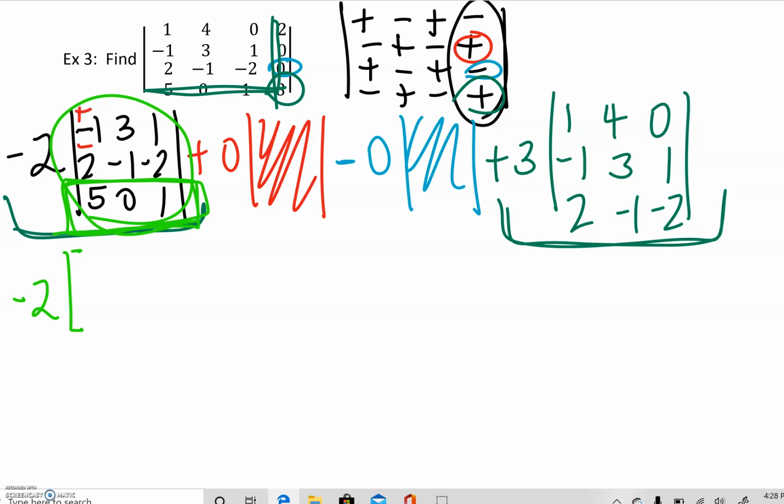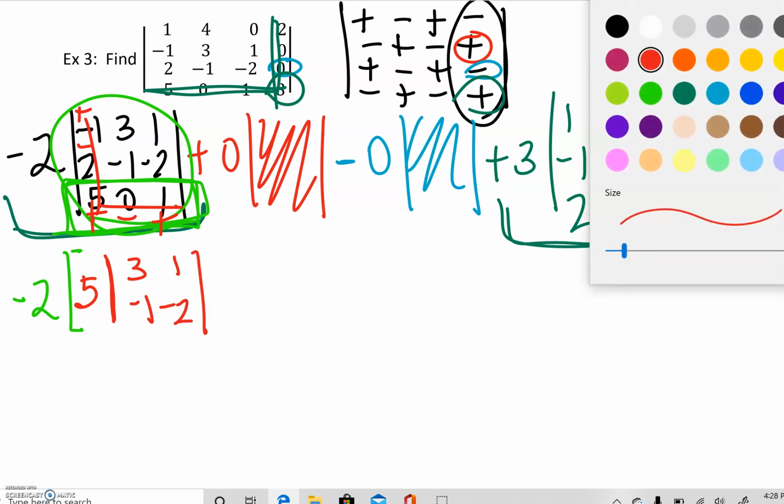So that'd be plus, minus. This would be plus, minus, plus. So I'm going to have a 5 times whatever its determinant is. I'm just going to write it right now. So I'd mark this out, that'd be 3, negative 1, 1, negative 2.